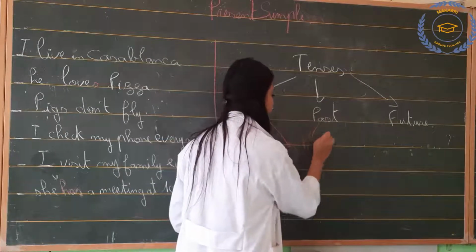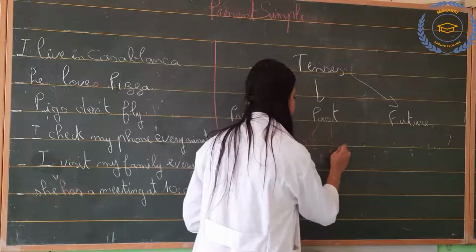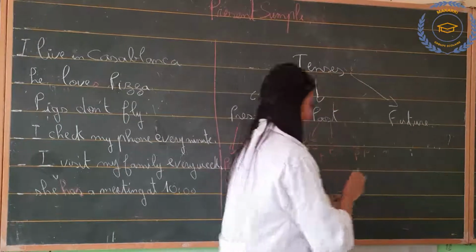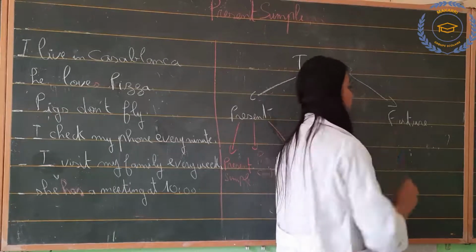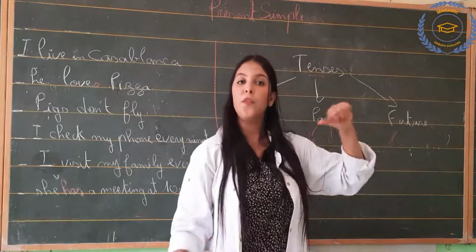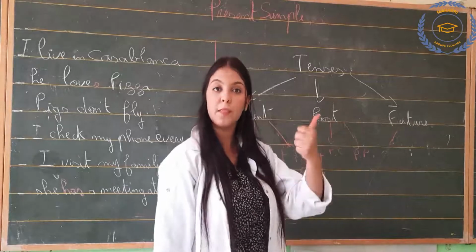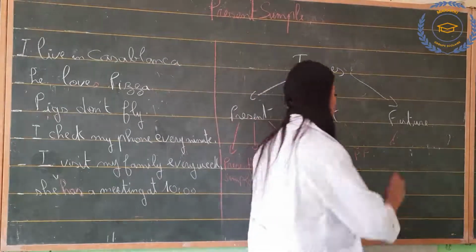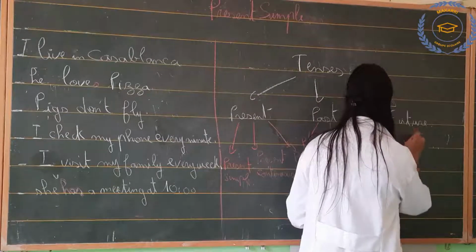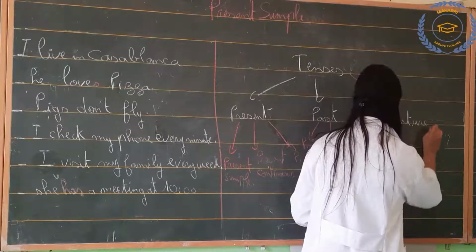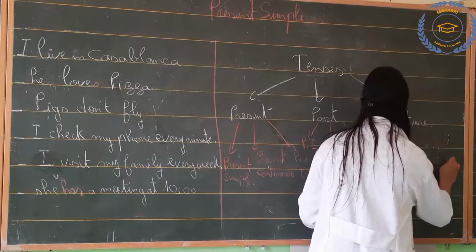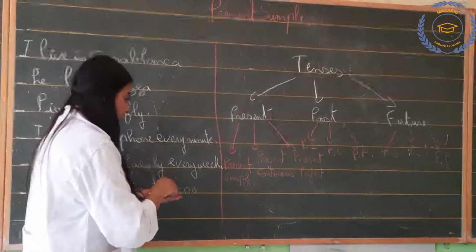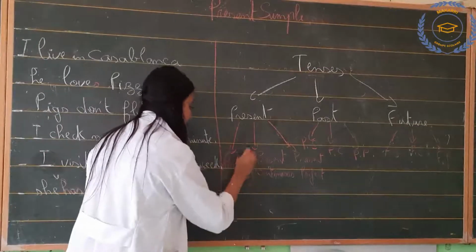Past simple, past continuous, and past perfect. Future: here also, there's future simple, future continuous, and future perfect. Today we are going to focus on the present simple.